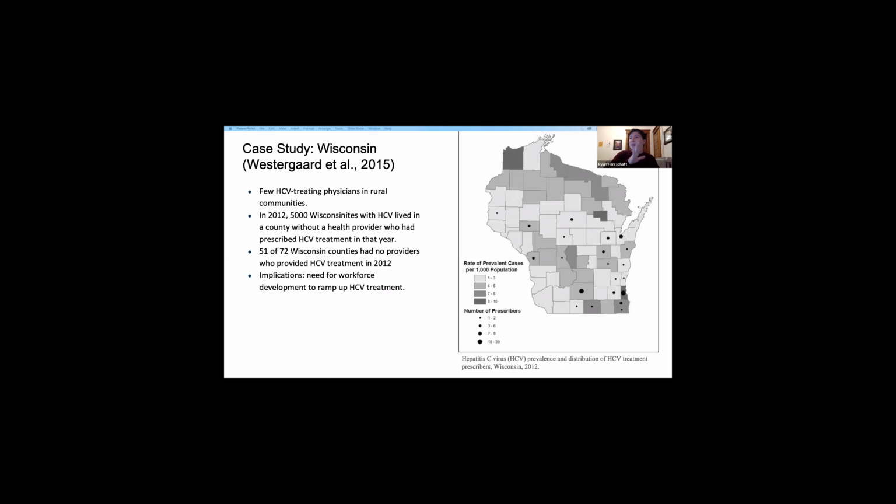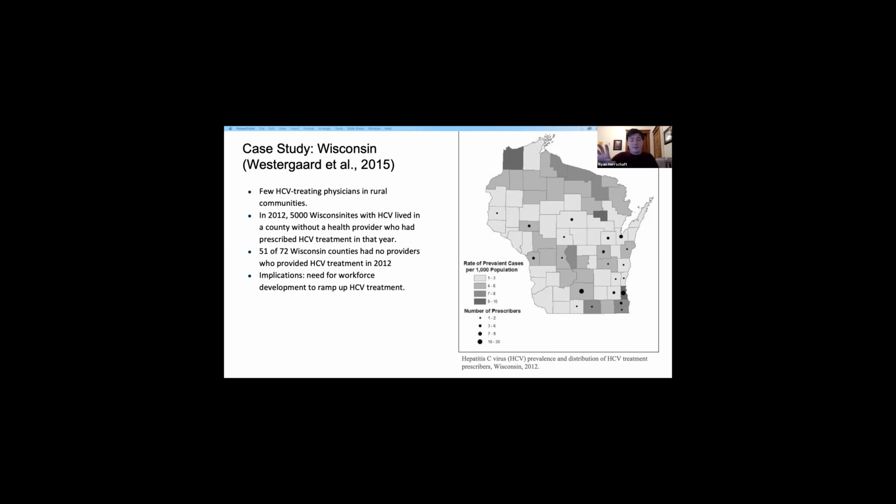They were very new then, but these authors found that in 2012, 5,000 Wisconsinites with HCV lived in a county where there was no health provider who had prescribed treatment for HCV. And 51 out of the 72 Wisconsin counties had no providers who had provided HCV treatment in 2012.